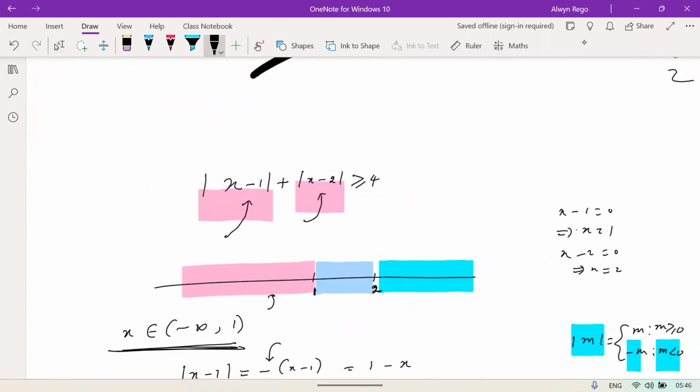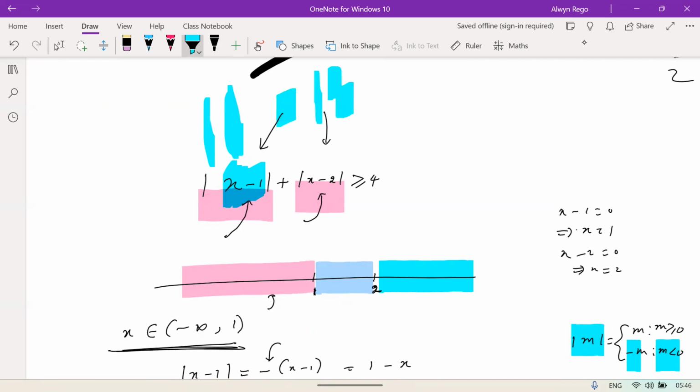If you plug any value given by that, let's say less than minus half, say you take minus 10 here. Minus 10 minus 1 is minus 11, the absolute value is 11 here. And then minus 10 minus 2 is minus 12, so 12 here. You'll find that it becomes more than 4, which is true.